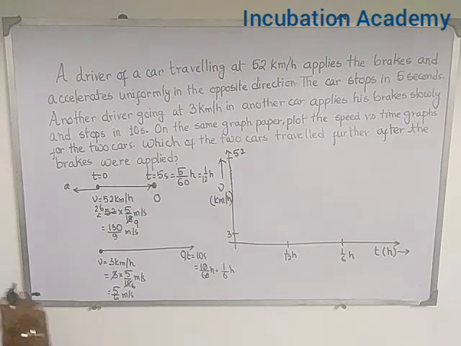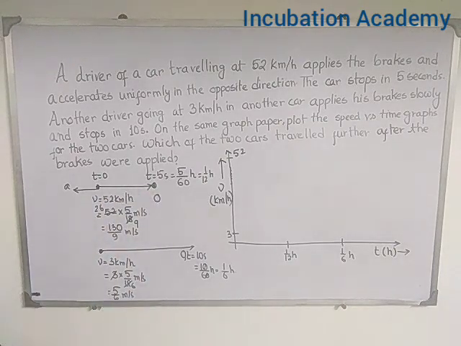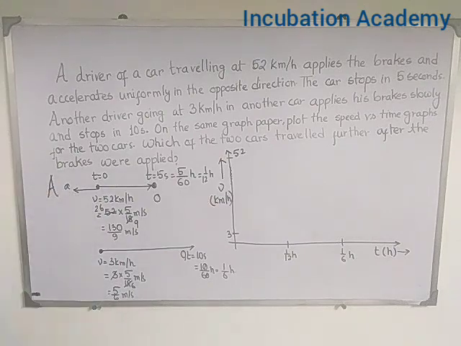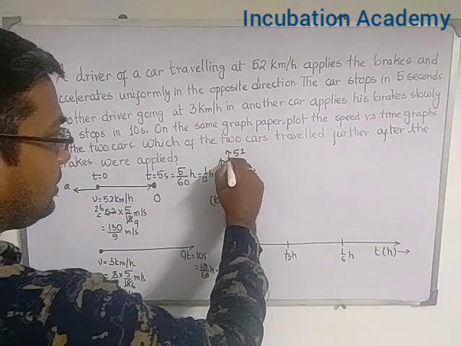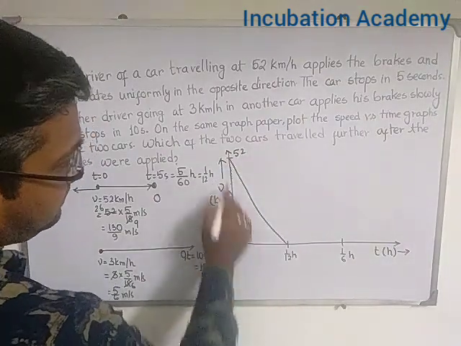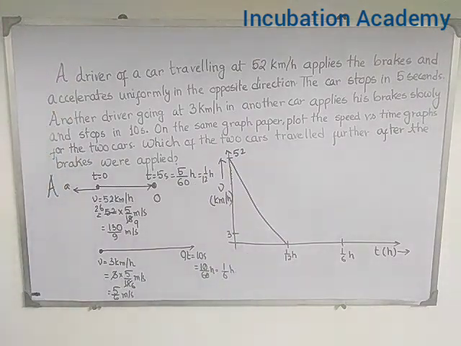So from 52 km per hour to 0 km per hour, the first car, if I say this is for car A, comes to 0 within this 1 by 12 hour with constant retardation. So I can say this is 52 to 0 within 1 by 12 hour.